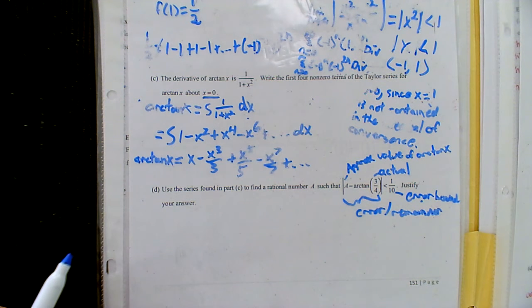So taking the approximate, subtract the actual away, the absolute value of that must be less than 1/10. So your error is less than 1/10. Now if you think back to 3.2, they were done a little differently with each test, but we're working specifically with alternating, because Eric said the series we are dealing with is alternating. So think back to the alternating series test. How did we find the remainder, use the remainder, or find the error within that test?